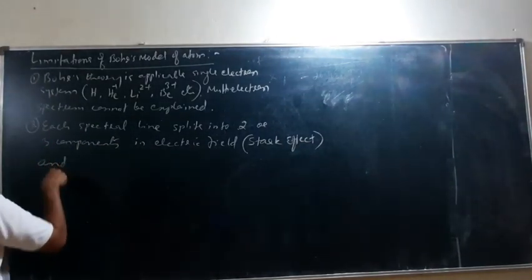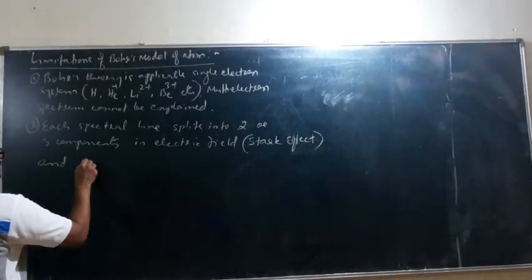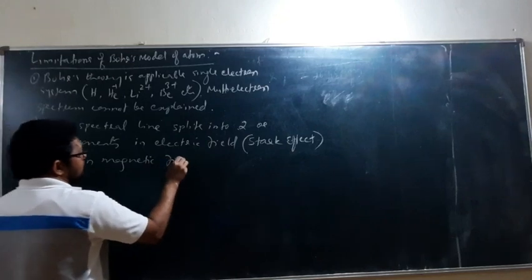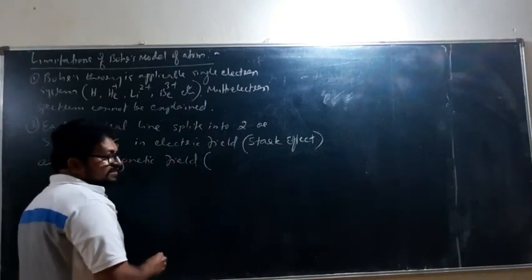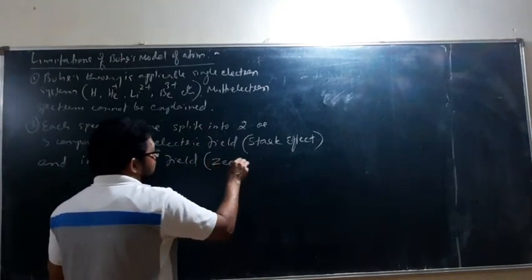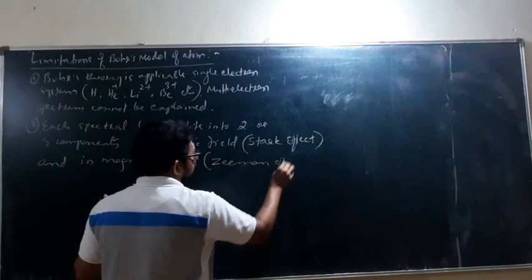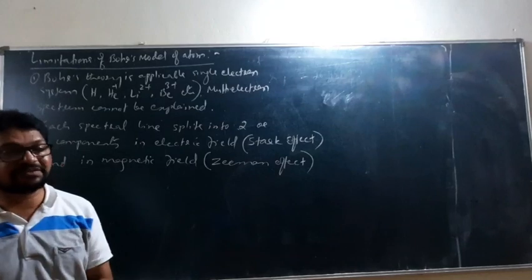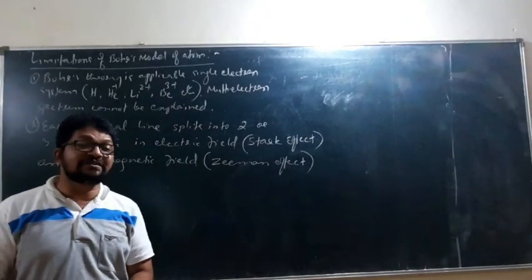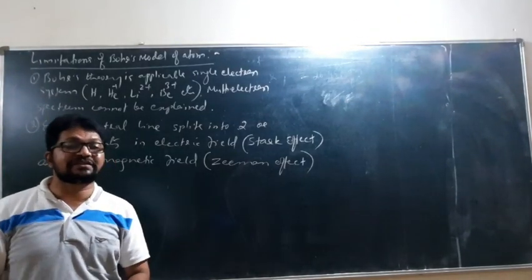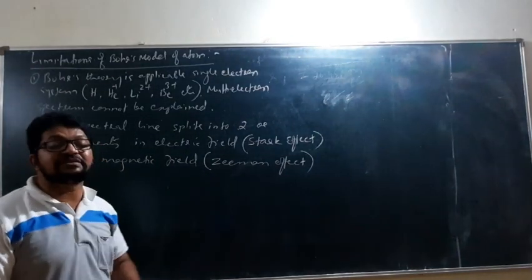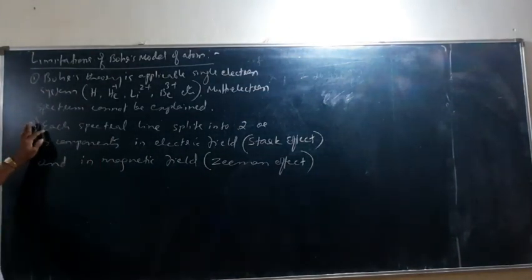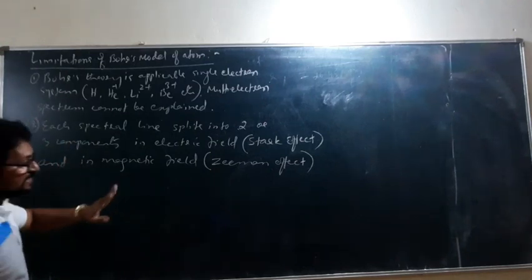And in the magnetic field, what is this called? Zeeman effect. What is the Zeeman effect? Splitting of a spectral line into 2 or 3 components in the magnetic field is called the Zeeman effect. So each spectral line splits into 2 or 3 components.